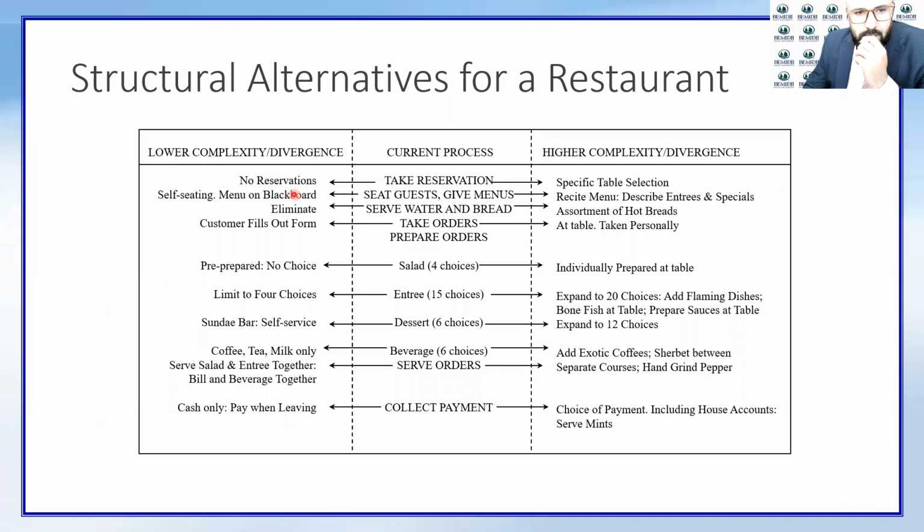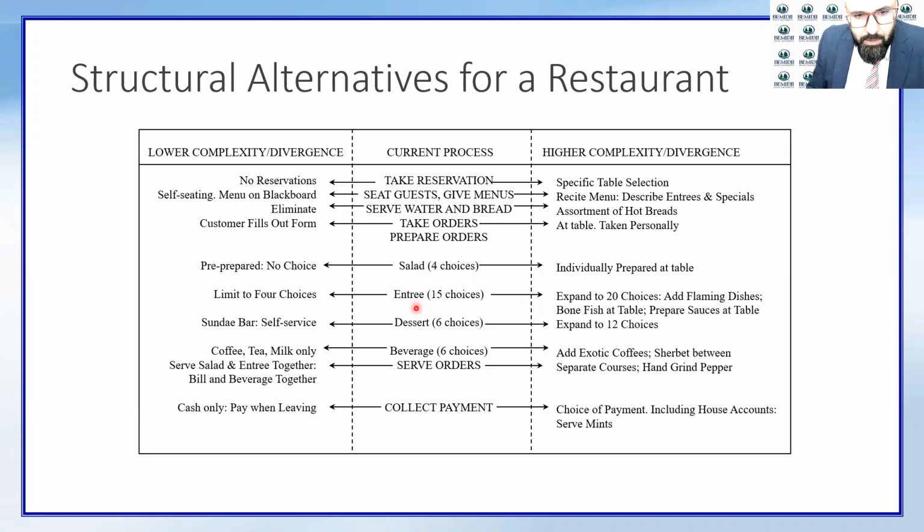Here's a good example of structural alternatives for a restaurant, how detailed. For example, let's pick one of these processes. If you want to have a salad, its current process is 4 choices. Maybe if you need high complexity, you have to have it individually prepared at the table.